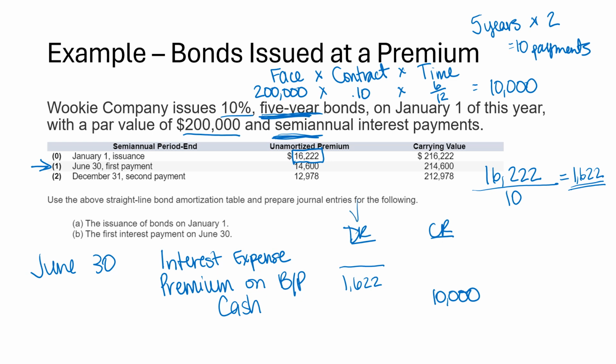Our debit, we can see we need to plug in the number here. To figure that out, we take $10,000, our credit amount, minus 1,622, which we already have on the debit side, and that gives us a total of $8,378 as the interest expense.